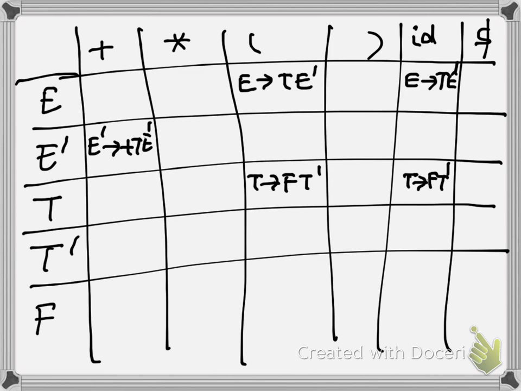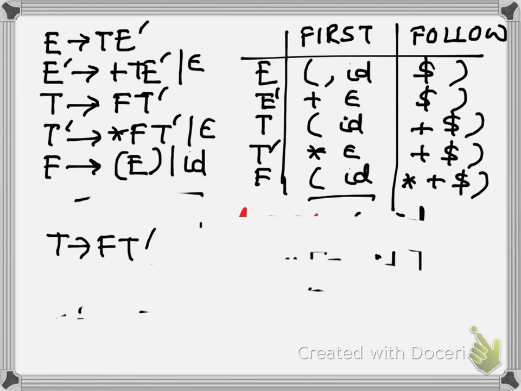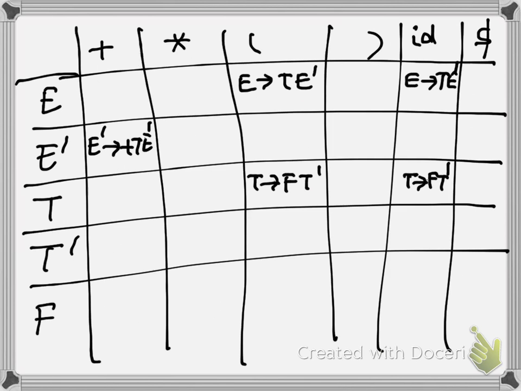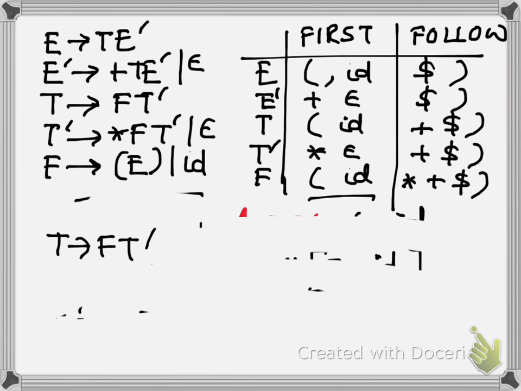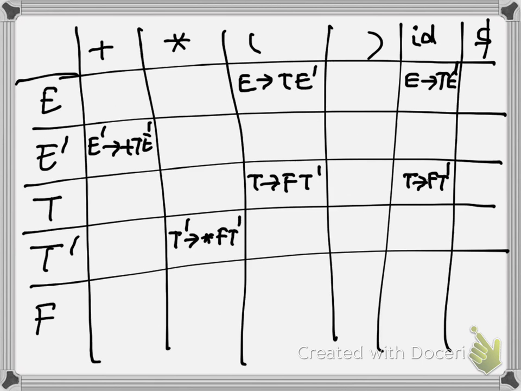Similarly, for the fourth production, T dash derives star F T dash, the first of this is star, so we enter it for star. Then we have F derives open parenthesis E closing parenthesis, whose first is open parenthesis, so we enter it under open parenthesis.